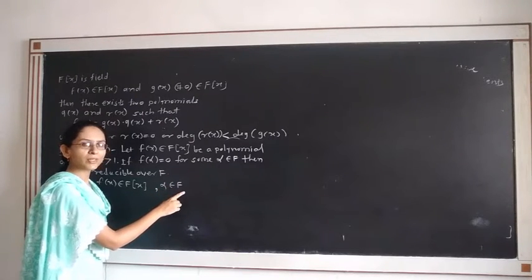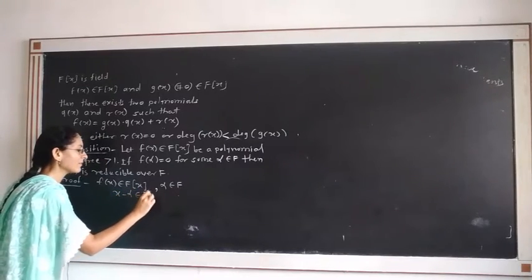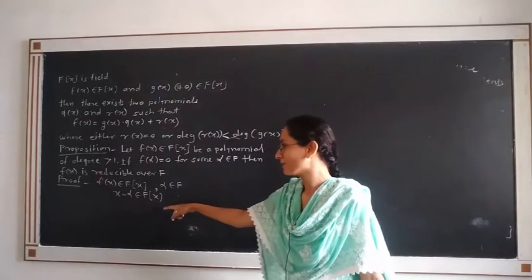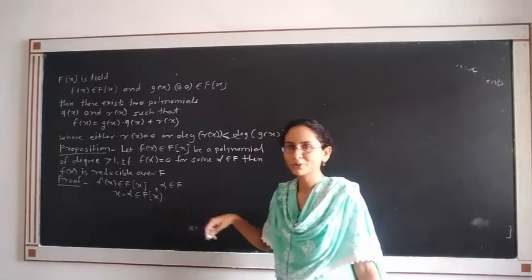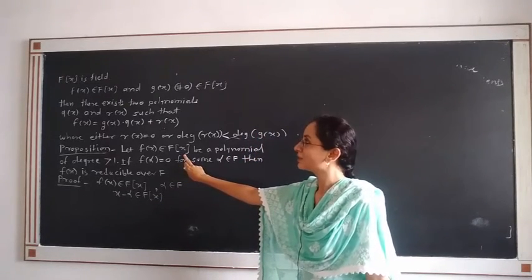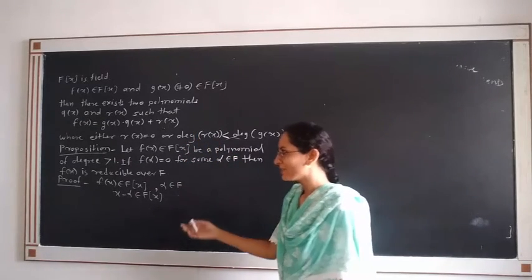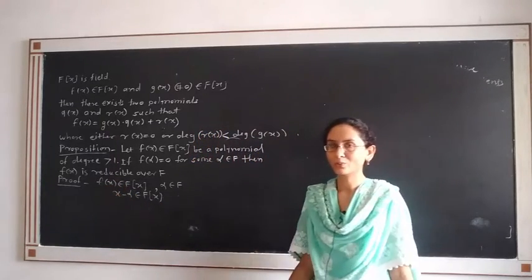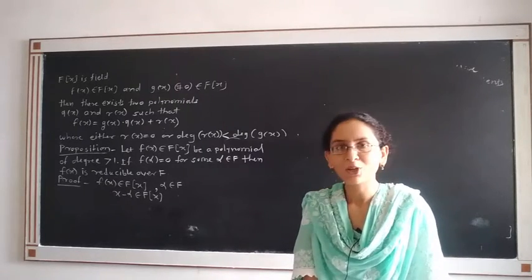As soon as alpha belongs to F, you can say that the polynomial x - alpha also belongs to F[x], right? x - alpha has coefficients 1 and -alpha that are from the field here, therefore x - alpha belongs to F[x]. Being a field, F[x] satisfies the division algorithm. We can apply the division algorithm to the two polynomials f(x) and x - alpha. Now, in what way do you apply the division algorithm to these polynomials?